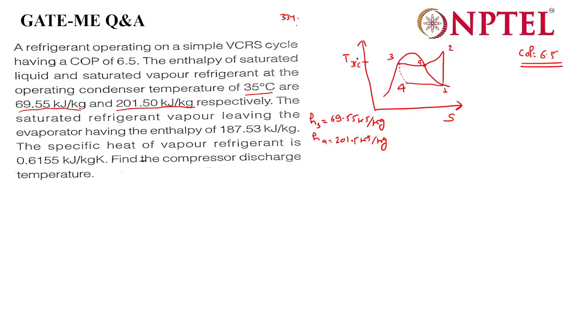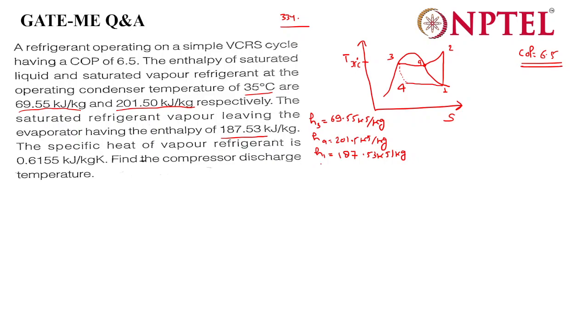The saturated refrigerant vapor leaving the evaporator has enthalpy as this. H1 is given: H1 is 187.53 kilojoule per kg. And what other thing do you know?